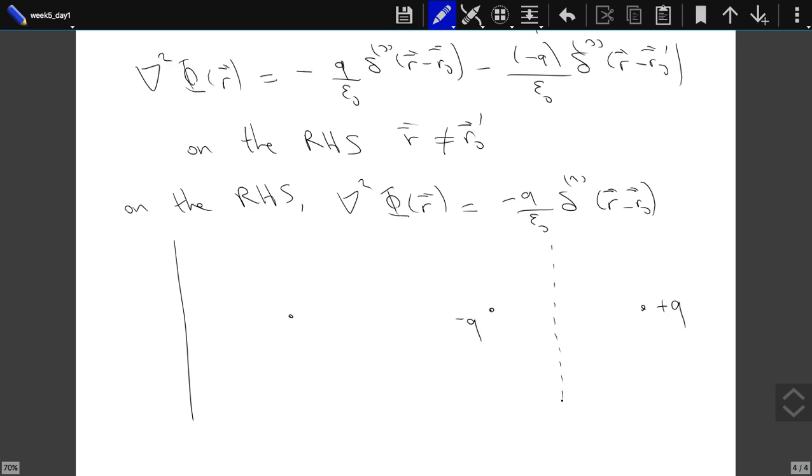I know the solution of this one, which satisfies the same Poisson's equation in this volume, and on the boundary of this volume, it satisfies zero boundary conditions. Are you following?